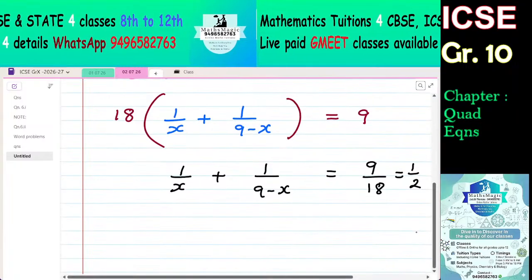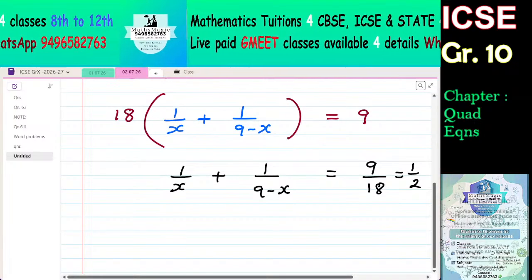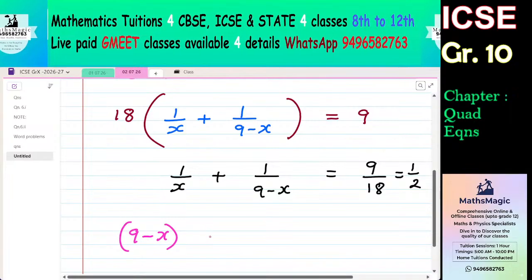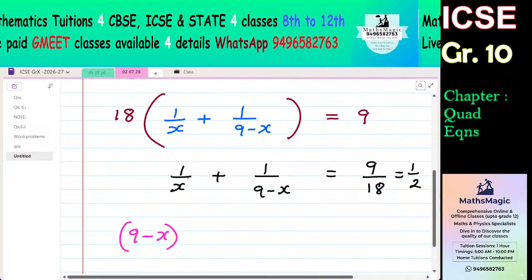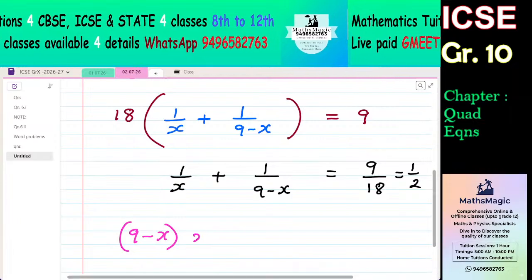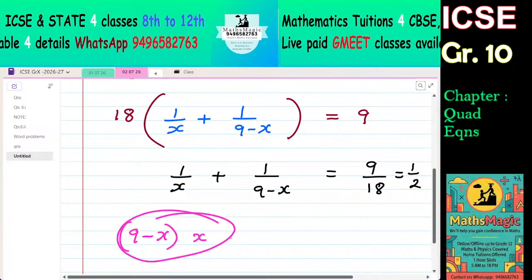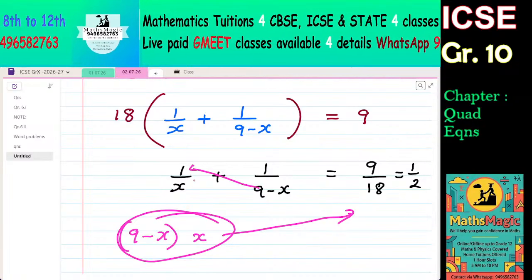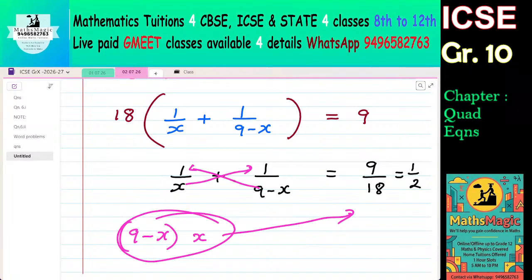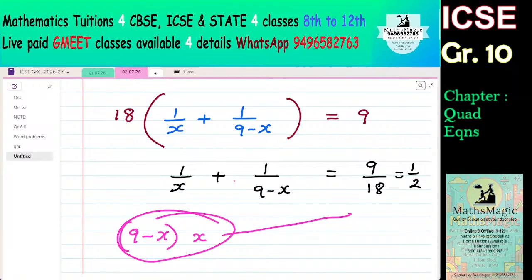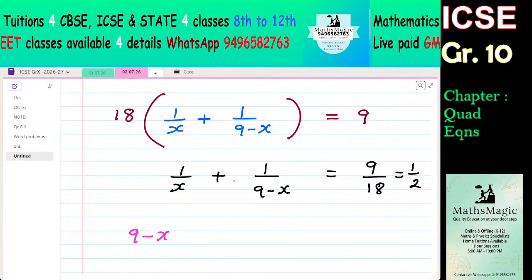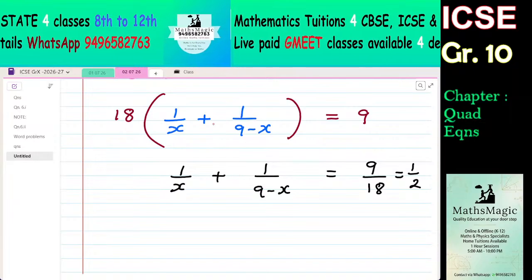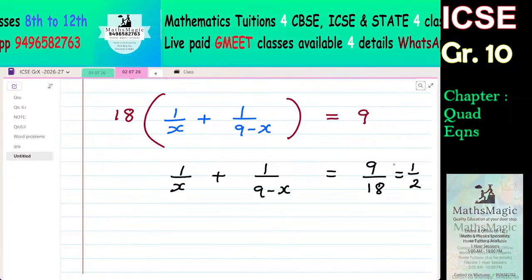Now you need to take the LCM and do the cross multiplication and all. So we'll get 9 minus x, times x as the LCM. So it will go to the right side, and this will be here and this will be here. You know how to simplify with the LCM and all. So I'll be trying directly.